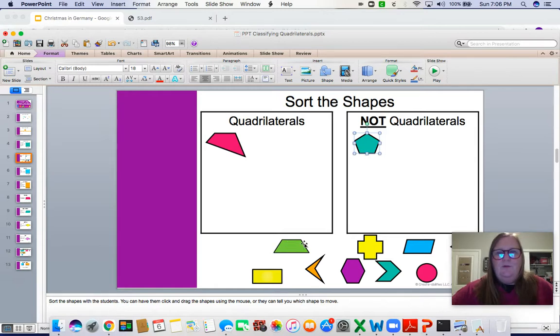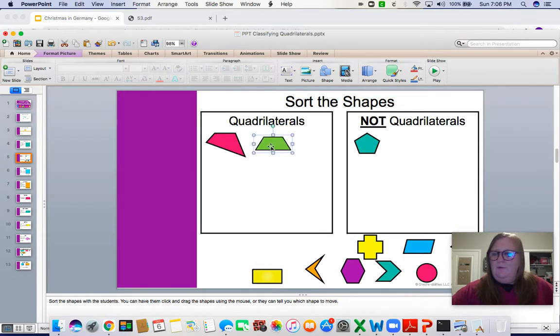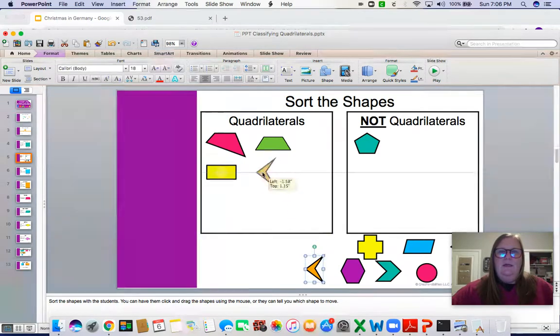1, 2, 3, 4. That is a trapezoid. And 1, 2, 3, 4. And hopefully we know that one. That is a rectangle. 1, 2, 3, 4 straight lines.